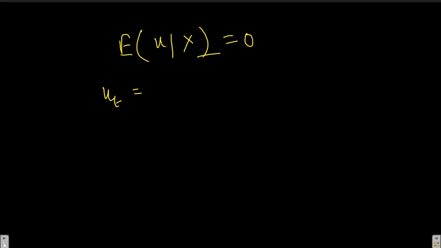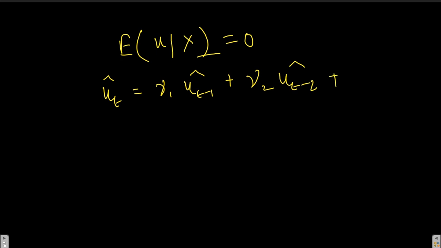To do that, I'll rewrite the equation first. Let's say ut is equal to rho 1 ut minus 1 plus rho 2 ut minus 2, plus gamma 0, which I'll write at the end.